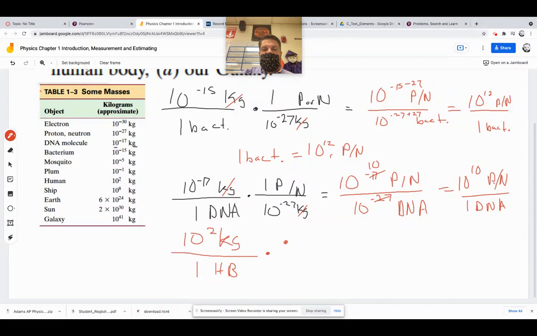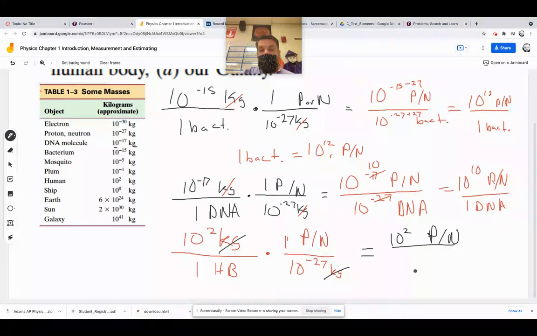What do I put on the next thing? 1 proton or neutron weighs 10 to the negative 27 kilograms. The kilograms cancel. And I'm left with 10 to the positive 2 protons or neutrons all over 10 to the negative 27 human bodies.